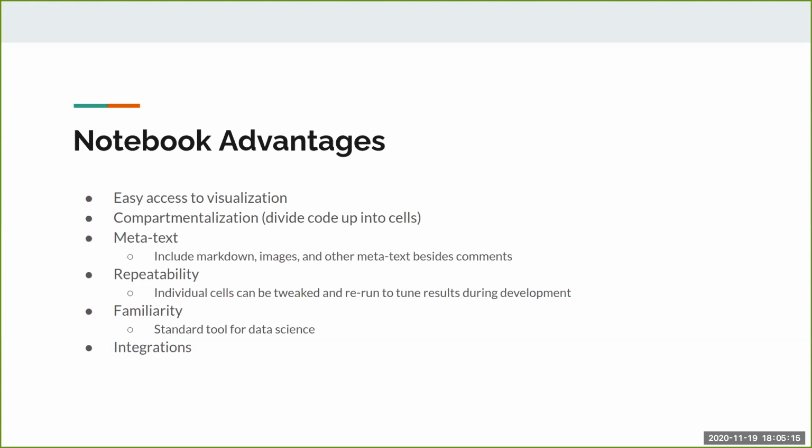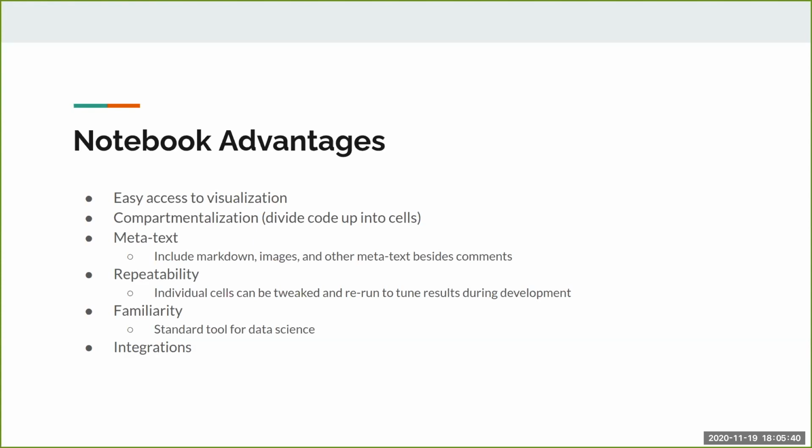And also you get access to this meta text, images, markdown, other stuff that you might want to add besides comments that your language natively supports. And then also notebooks are a standard tool for data science, partially because of the repeatability, where individual cells can be tweaked and rerun if you're changing parameters or you're changing even model types and things like that.